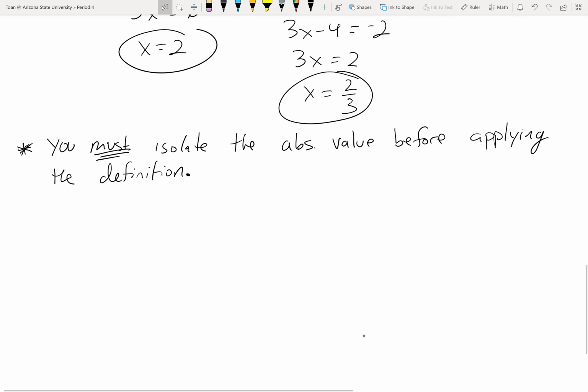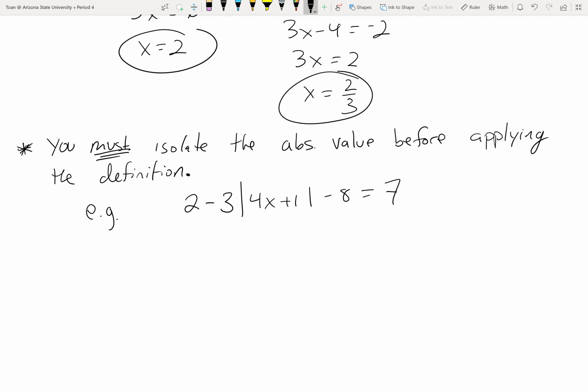I'm going to write an example, but not solve it, because I think you guys get the idea of solving. But what I mean is, let's say we had something like 2 minus 3 absolute value of 4x plus 1 minus 8 equals 7.